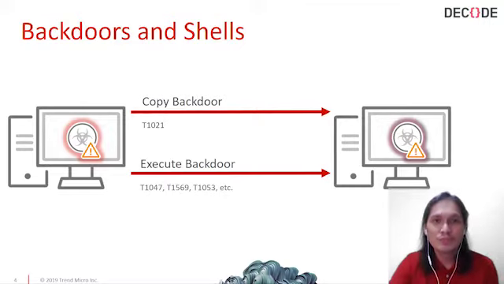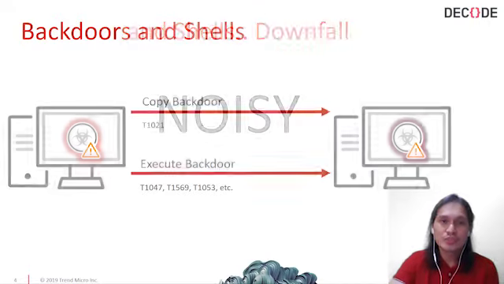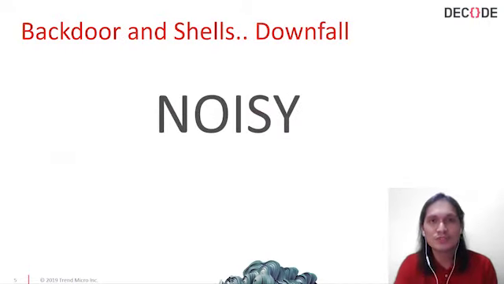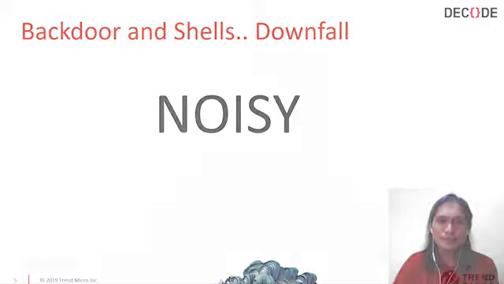Now, the problem with this is that it is noisy. The backdoor itself is noisy. There is a file involved that your EPP can detect. The steps that need to be taken to move the binary from one machine to another generate a lot of noise that in EDR times, or nowadays, can easily be detected.